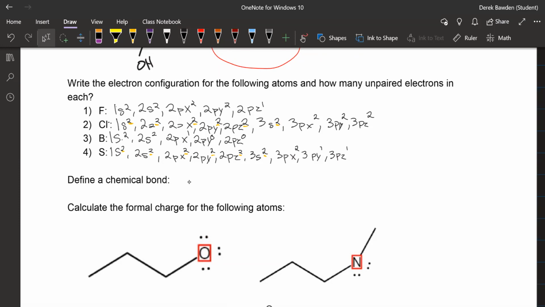All right, let's define a chemical bond. So does anyone have a good definition for a chemical bond? No definitions of a chemical bond? Oh, sorry, I just got up.